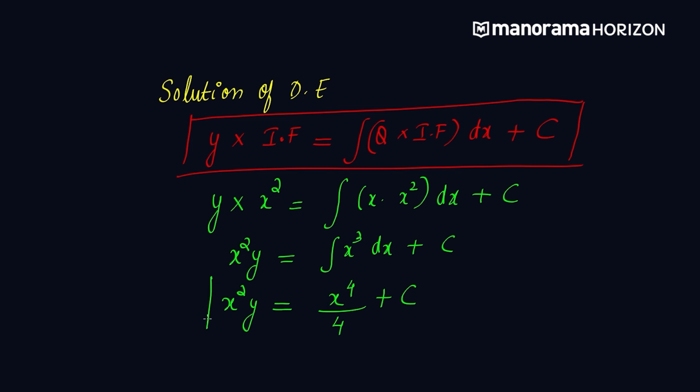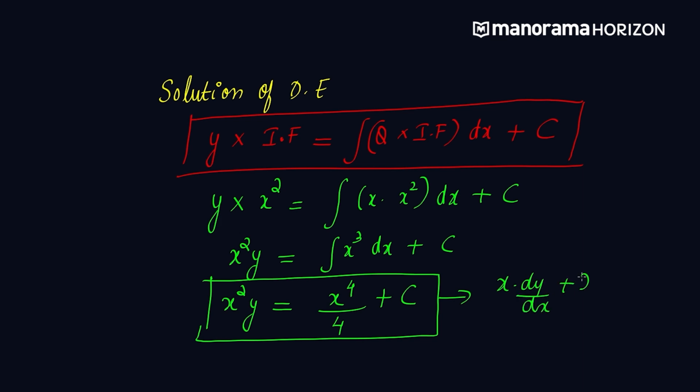And this is the solution of the given differential equation x into dy by dx plus 2y is equal to x square. Now suppose if y of 2 is equal to 1, find the particular solution of the same differential equation.